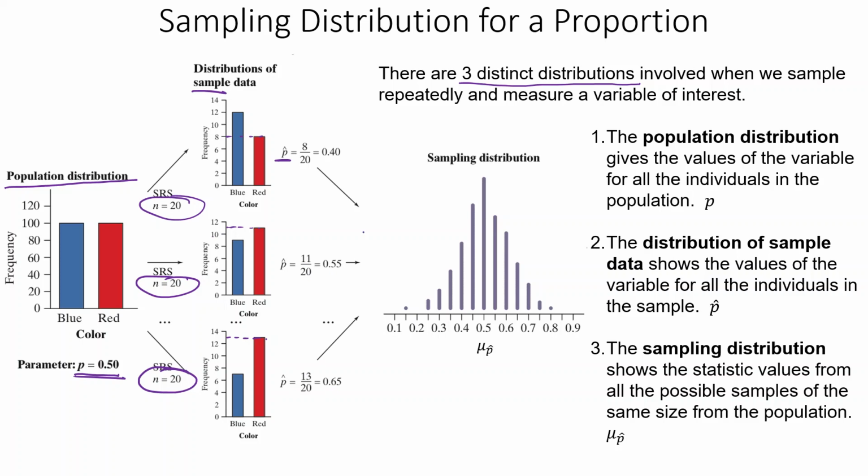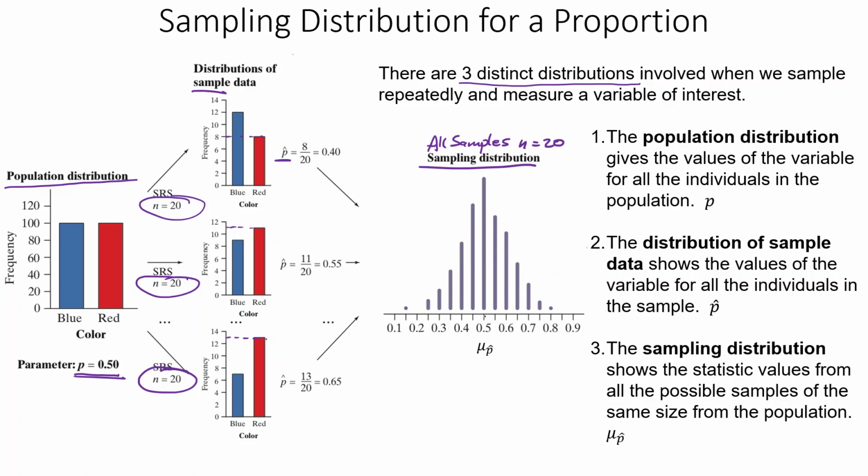And if we take all possible samples with the same size 20, that gives us what's called our sampling distribution. All of these are different P hats. This is just one sample value, this is one sample value, and this right here is a whole bunch of sample values.